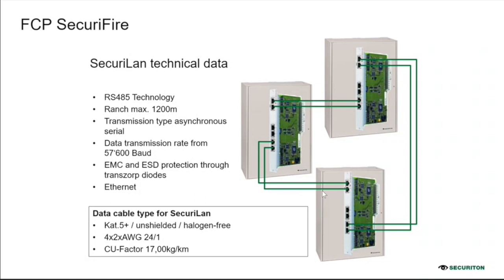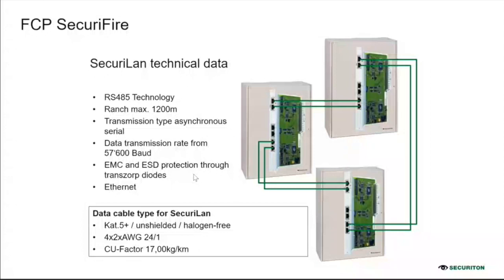electrical discharge. For the standard cable we use for this connection, you can of course use a specific cable for RS485, for example Belden cable, but we can also use a LAN cable. If you have a Cat5 plus, that is fine.